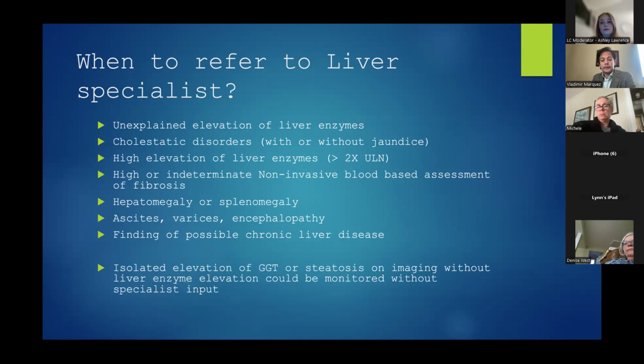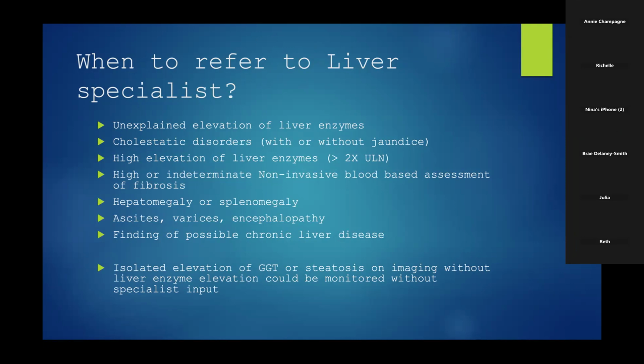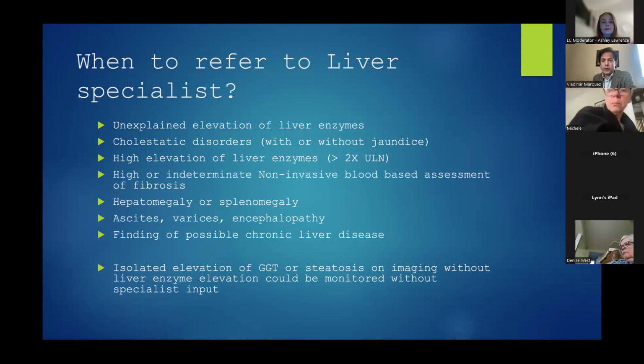A lot of times we have patients that are referred because they had an ultrasound for some reason. The ultrasound showed that there was some fat, but the liver enzymes are actually completely normal. In that case, it's probably not necessary to refer to a liver specialist at that moment, but mainly just to keep an eye on that patient with monitoring of the blood test and also reassessment with these techniques of evaluation of inflammation or fibrosis on an annual basis to monitor the trajectory of the patient.